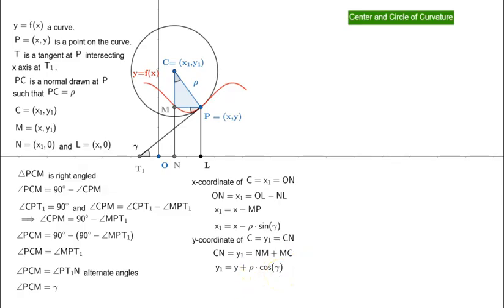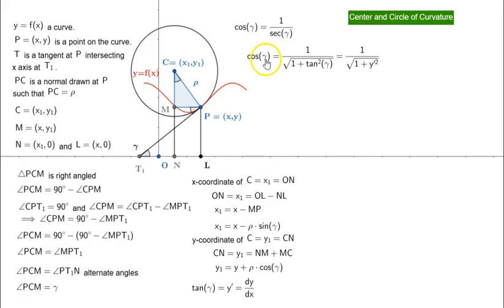So now we have got both x1 and y1. So we have got the coordinates of the center of the circle of curvature. Now we know tan gamma is equal to y prime, which is equal to dy by dx. So cos gamma can be written as 1 by sec gamma. Why cos gamma? Because here we have this cos gamma, here we have sin gamma. So we are just manipulating that.